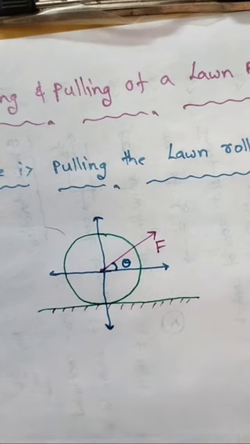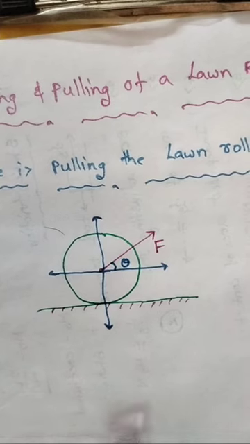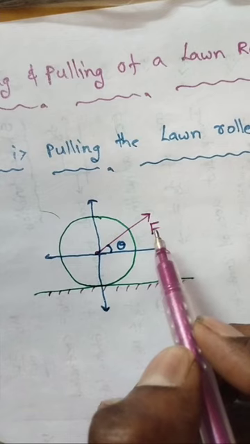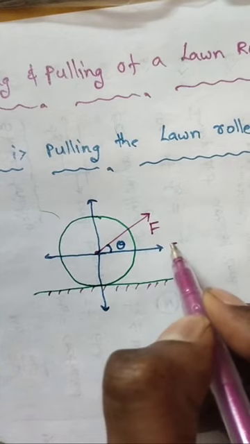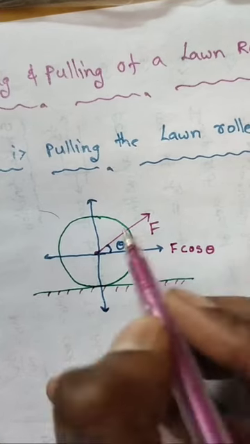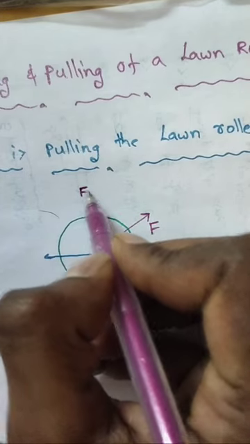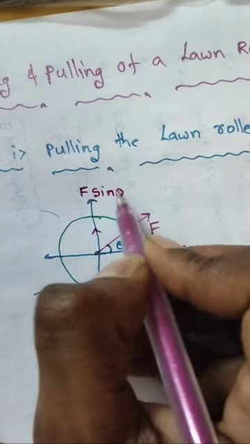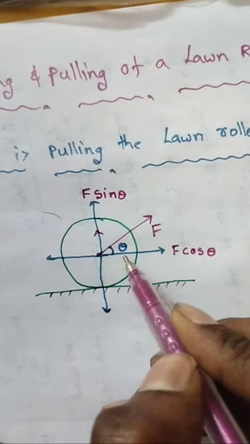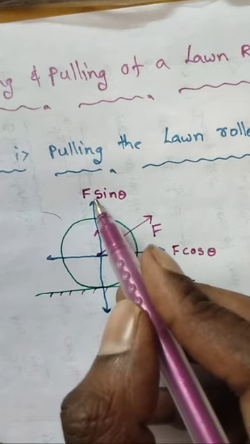The external pulling force capital F applied on the lawn roller is divided into two components: in the x direction F cos theta, and in the y direction, the upward force, F sin theta. Clear, all of you?